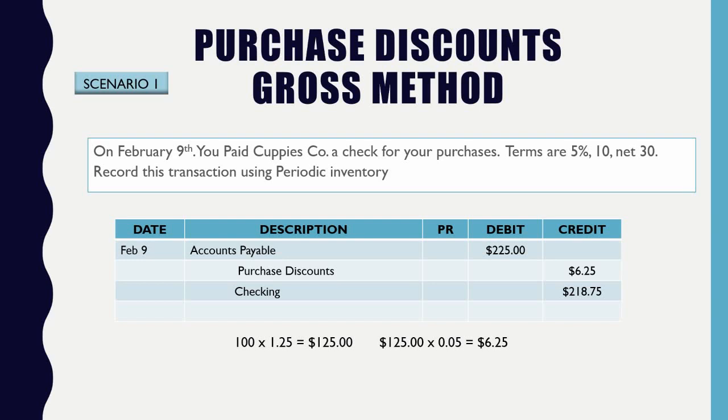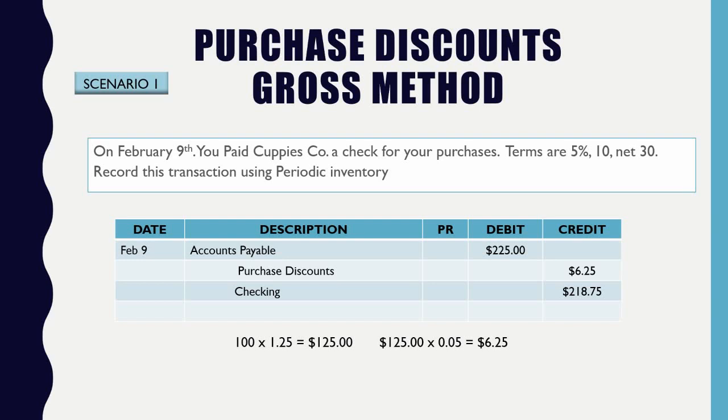So that's the same idea, and that's why we have to create a contra account, so instead of going back and editing everything, we're going forward and adjusting as we go. So in this case, because I already recorded it at full price, this is the adjustment that I need to incur, the contra account, purchase discounts, to decrease my purchase expense. Okay, so there you go.